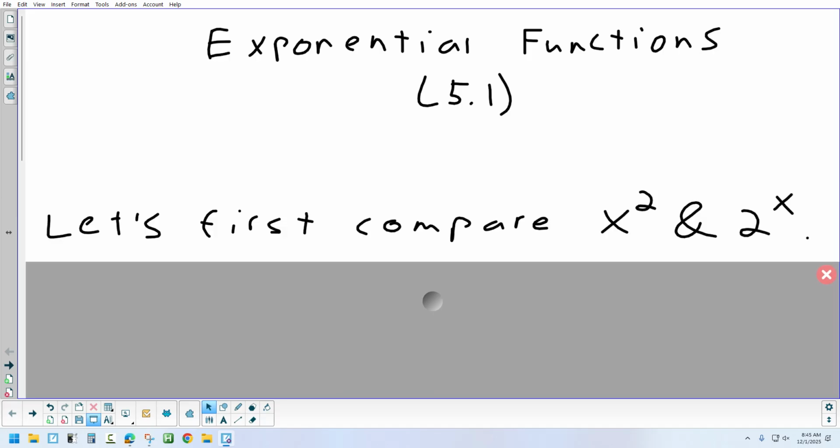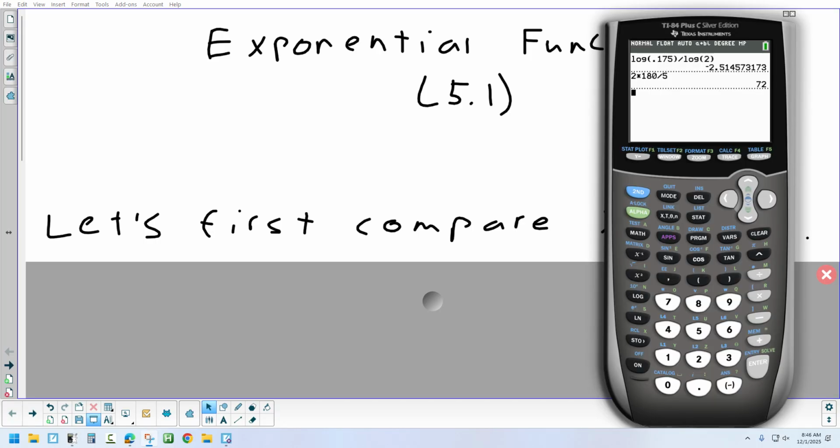So let's first just graph these 2 and look at the difference. The first one is x squared, and the second one is 2 to the x. They're going to look very different. So I'm going to type in x squared.